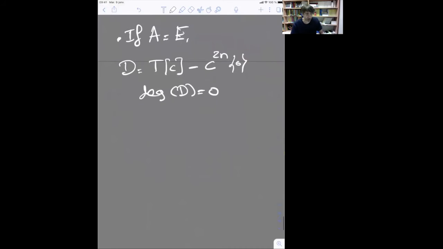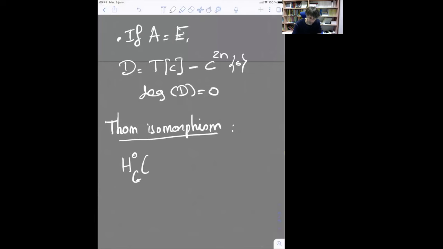So now let's do again, equivariantly, what we have done in the first lecture. Recall the Thom isomorphism. The Thom isomorphism in degree 0 identifies this group H^0_G of T[c] with the equivariant cohomology in degree the dimension of the fiber, so it is 2n, of the whole space relative to T minus T[c].